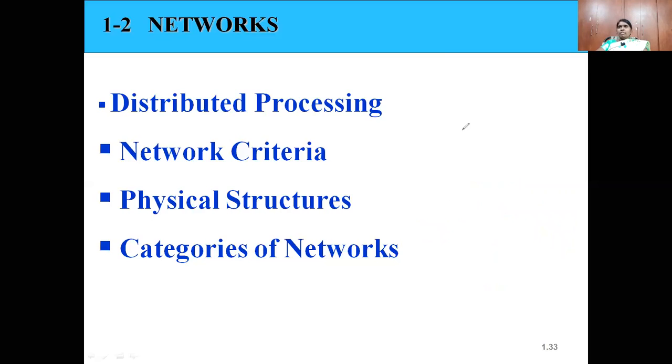mesh topology. In this mesh topology, I'm taking only three systems to make you understand easily.